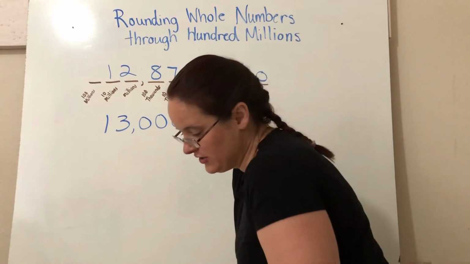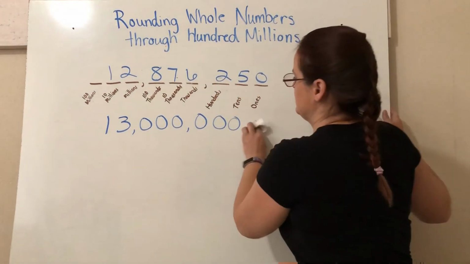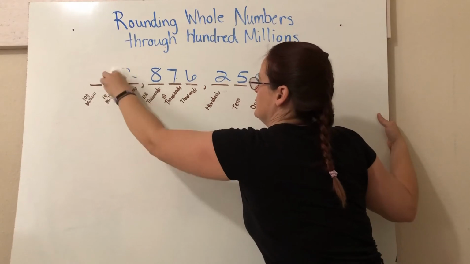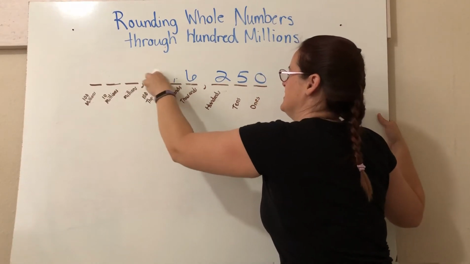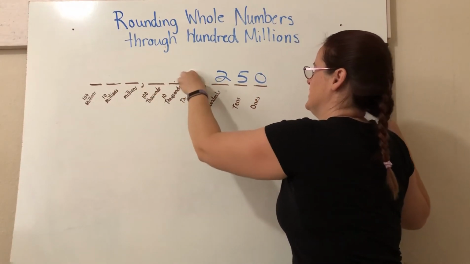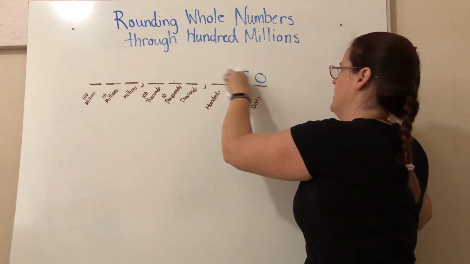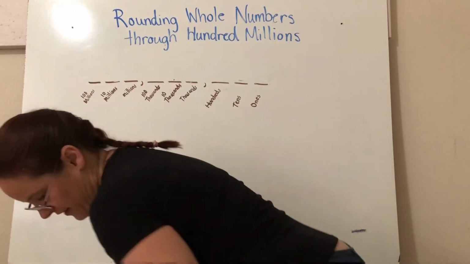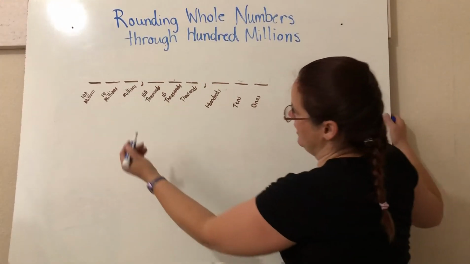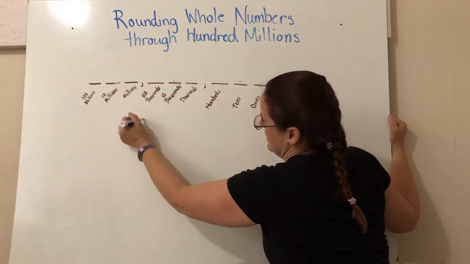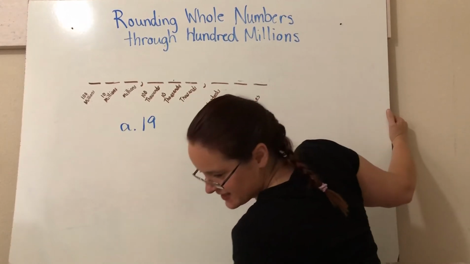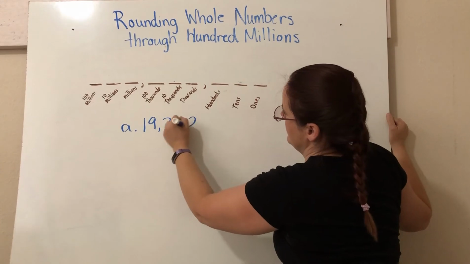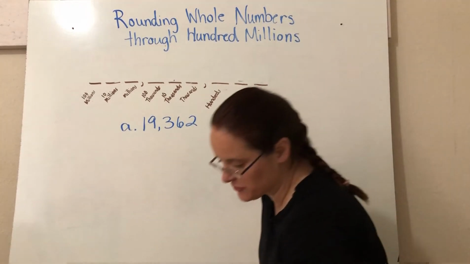Okay? So I have a couple of lesson practice problems for you. Get rid of this. I'm going to leave this label up here so that you can use it to look at if you need. All right, so we've got 19,362, and I'm going to underline the place value that I want you to round to.